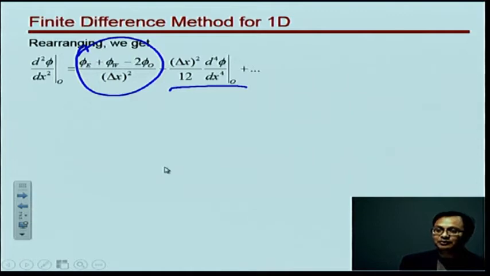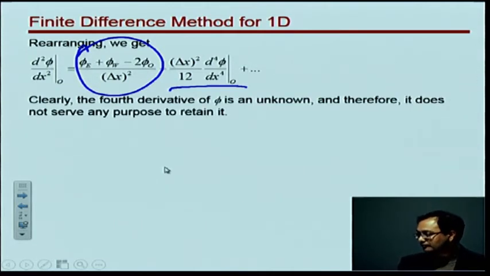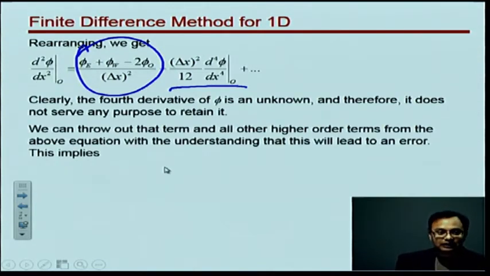So really our only option here is to say, forget that fourth derivative and whatever terms we have beyond that, throw them away, with the understanding, of course, that it will give us an error. Because the exact expression for d squared phi dx squared includes all those higher order terms, but now we are throwing them away, so we have incurred an error.